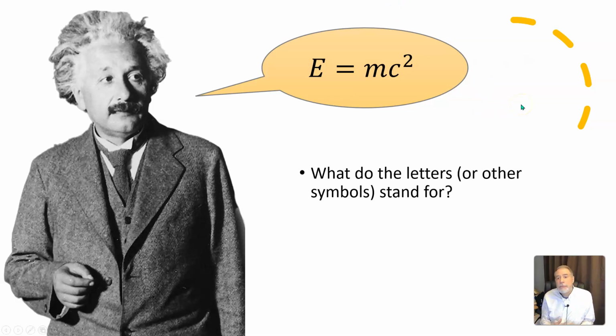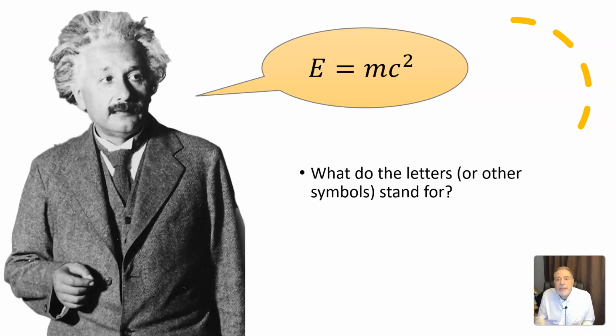So one thing you have to know when you're trying to understand what an equation or expression is telling you is, what do the letters or other symbols stand for? Now, sometimes they don't stand for anything in particular. You might be just solving an equation for practice solving that kind of equation, and the x in the equation doesn't represent anything in particular.